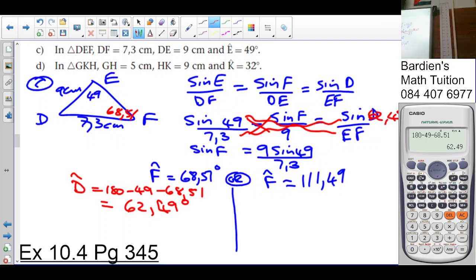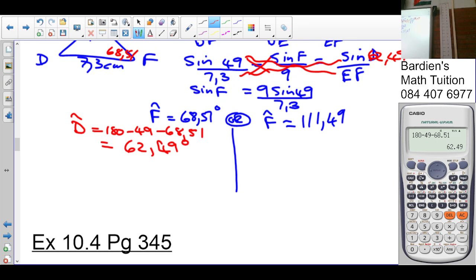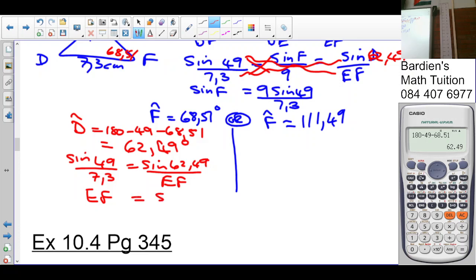Cross multiply. So it simply gives us sine 49 over 7.3 equals sine of 62.49 over EF. So of course we cross multiply. EF sine 49 is equal to 7.3 sine of 62.49, divided by sine of 49 on both sides.